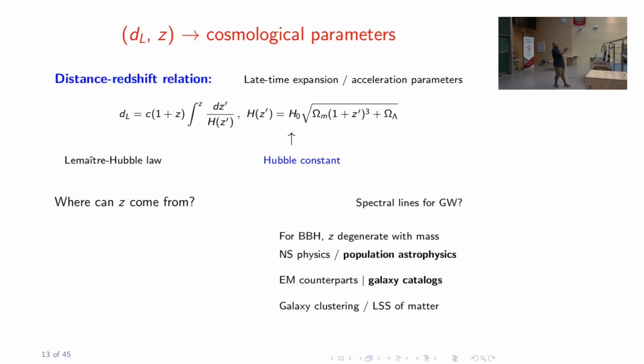Frequency is lower. If the redshift is 2, then 1 plus z is 3, so the frequency is thrice as low. So indeed, gravitational wave signals are redshifted, but the entire gravitational wave signal is redshifted.